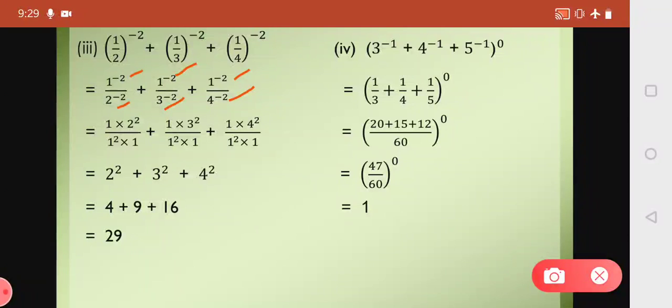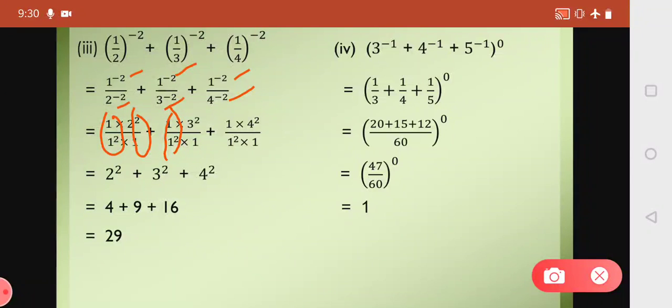1 upon 1 raised to minus 2 will become 1 upon 1 square. Yes, and 2 raised to minus 2 will become 1 upon 2 square, that is 2 square will come up and 1 will go down, so we write it as 1 into 2 square upon 1 square into 1. Similarly, for 1 raised to minus 2 we will write 1 upon 1 square, and for 3 raised to minus 2 we will write 1 upon 3 square.